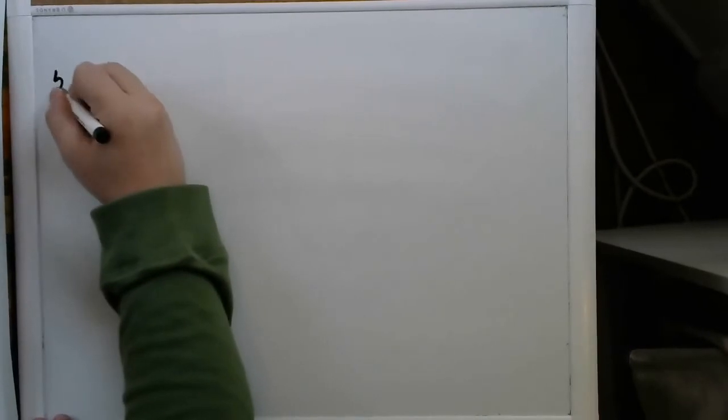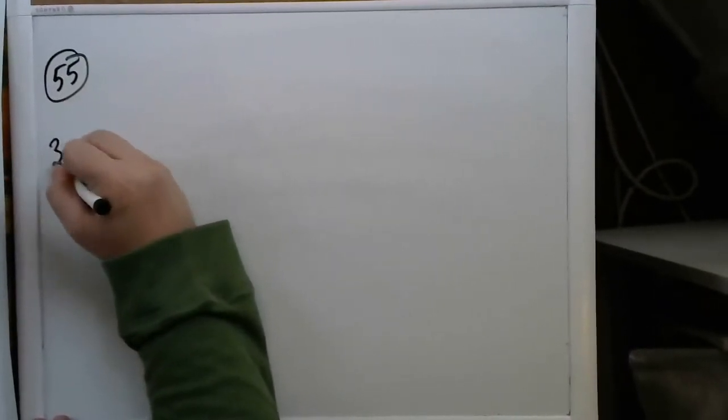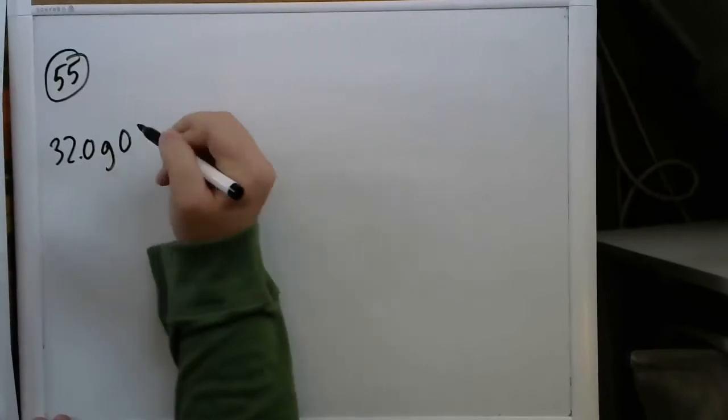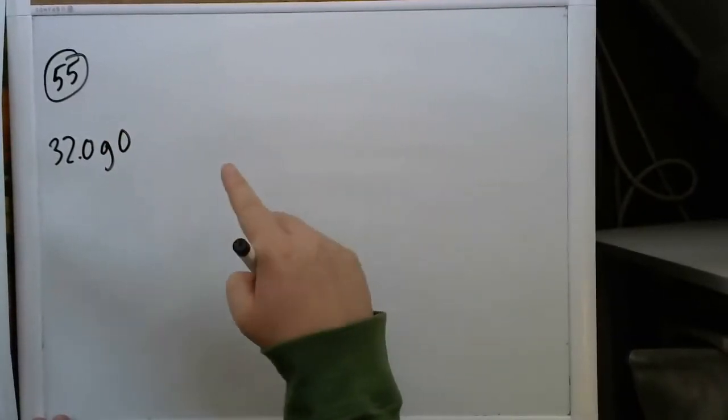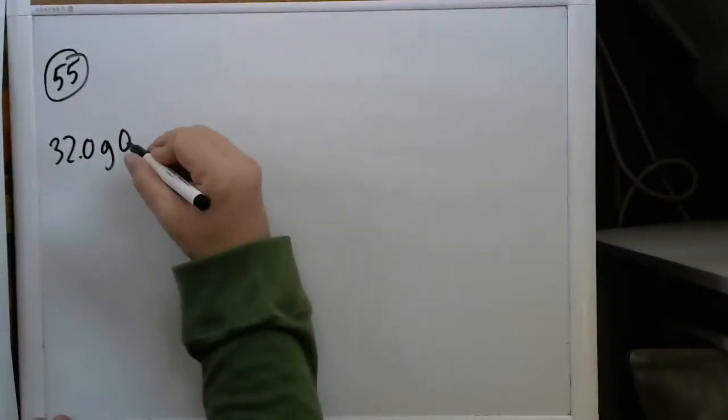Okay, because this one's saying, well, what if we have 32 grams of oxygen? Like we know we have 32 grams of oxygen. How many grams of glucose would we have? You know what I'm saying? So we're going to start with this 32 number up here. We're going to start with 32 grams of oxygen in this case, and we're going to work backwards and get to the mass of glucose.